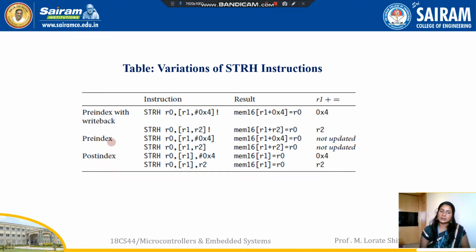In pre-index there is no need of updating R1, so not updated. Third one, post-index, is the same: from R0, 16-bit content is stored at the address in R1. Once it is stored, R1 will be updated with a new value by adding R1 plus 4. That's it. So thank you.